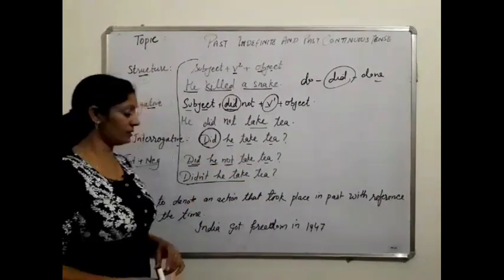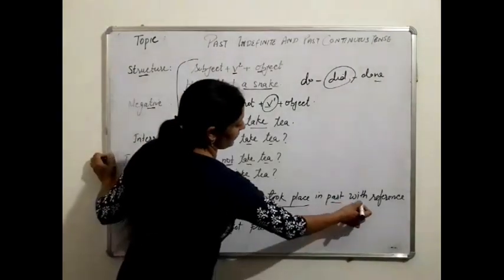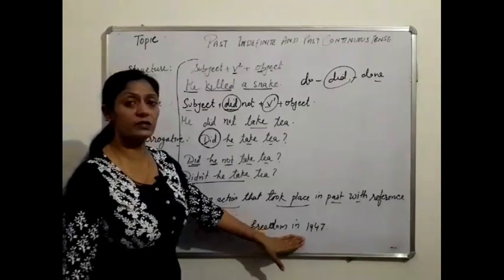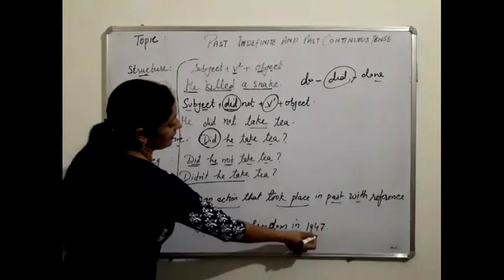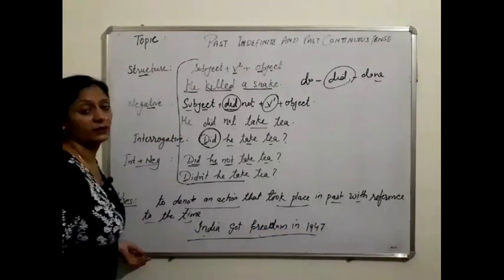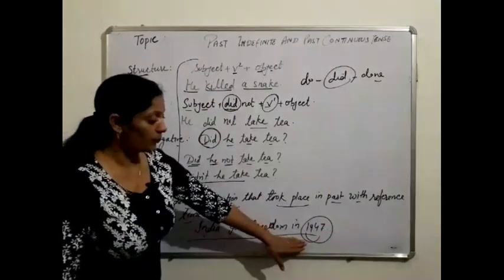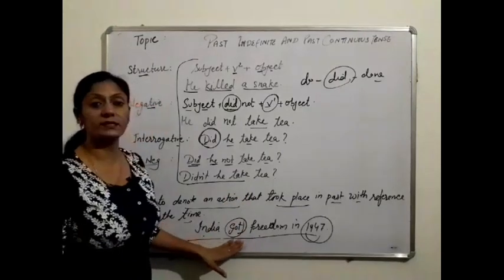Now say its uses. The first one is to denote an action that took place in the past with reference to time. It means a reference of time is there. For example, India got freedom in 1947. A reference of time is there, a time of the past is there, so we use the second verb here.